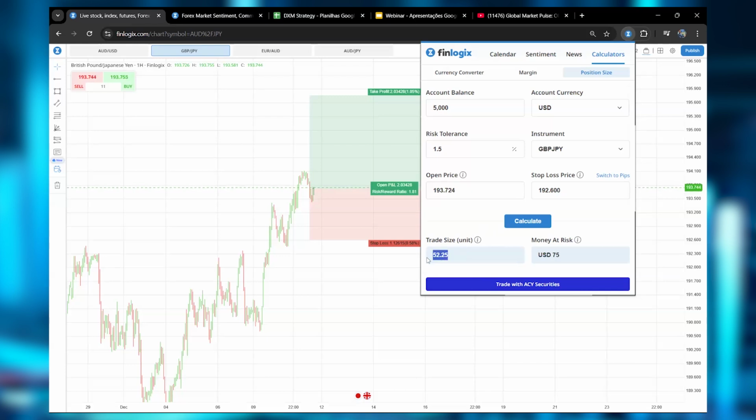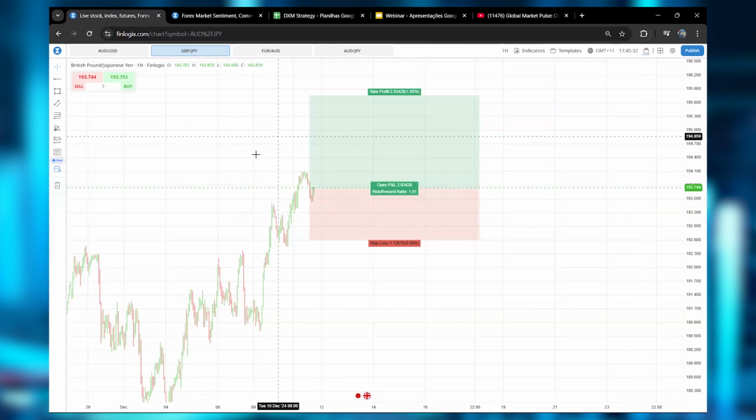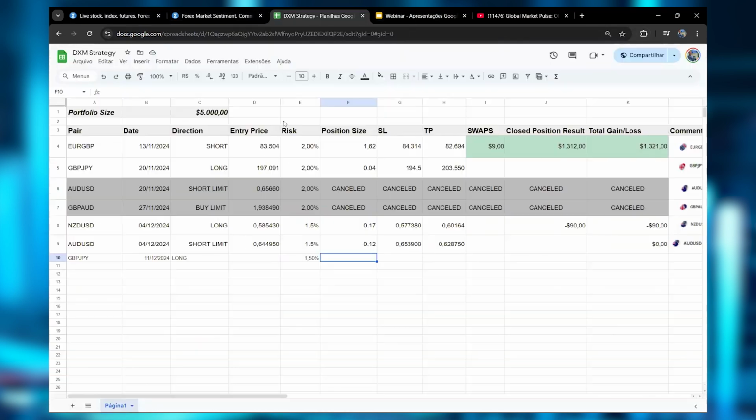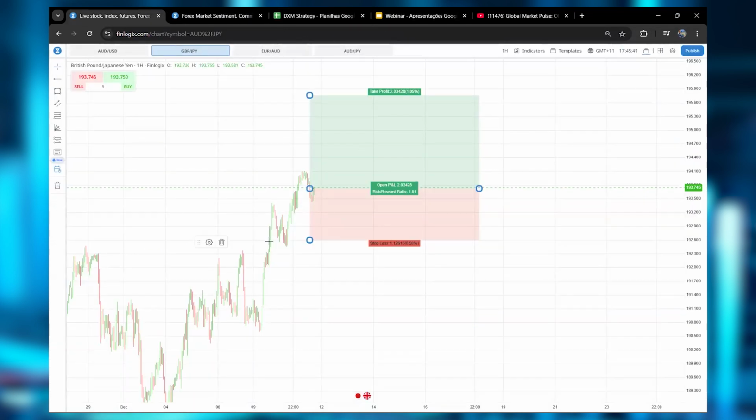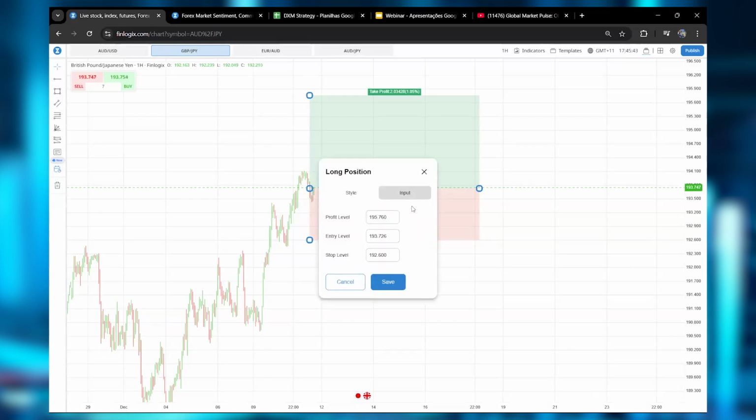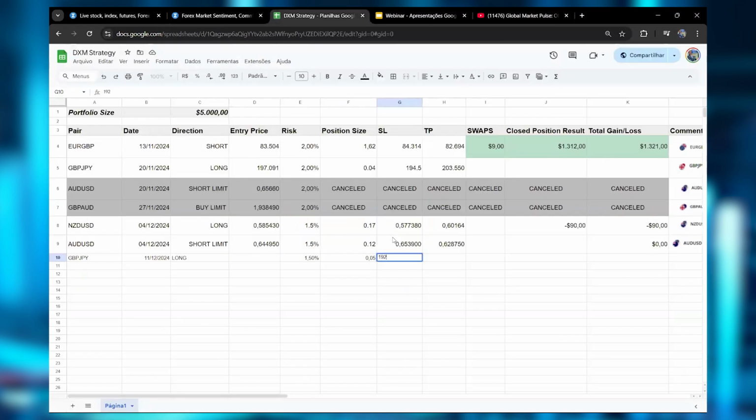So what we can probably do, because we have to calculate Aussie JPY as well, is calculate manually. It's 0.05 for this one, and then the stop loss is 192.600.